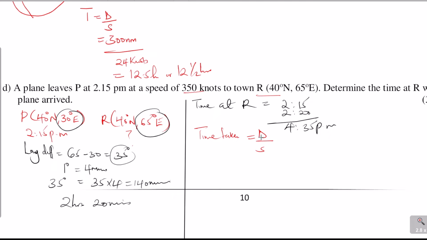Identify which distance this is. This again is distance along, let me see whether it is along the great circle. It leaves P and heads down to R. So when you sketch these two places, they are on the same latitude, 40 degrees north, but different longitudes. So let me just sketch here so that I can show you clearly.